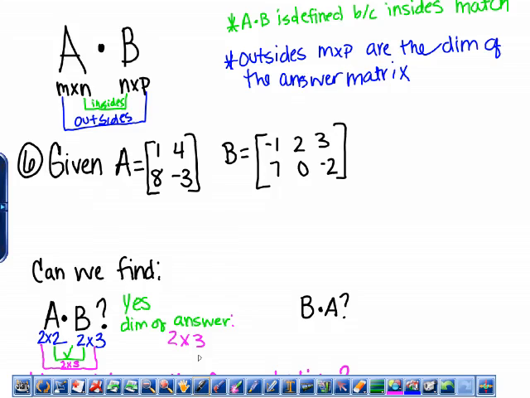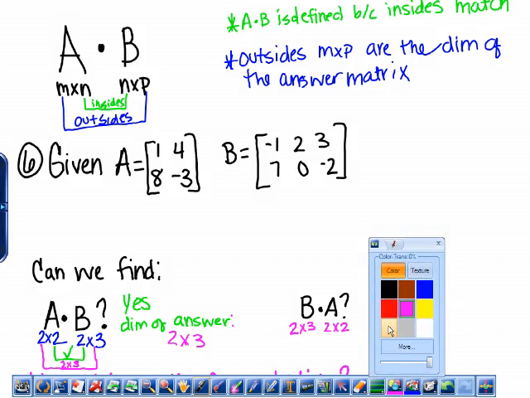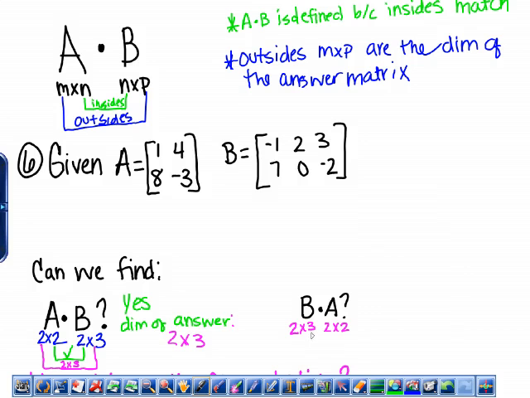Okay, let's look at B times A. Again, I've got to rewrite the dimensions. What are the dimensions of B? 2 by 3. And what are the dimensions of A? 2 by 2. So check the insides. Can I multiply B times A? No. Why not? Good, the insides don't match.